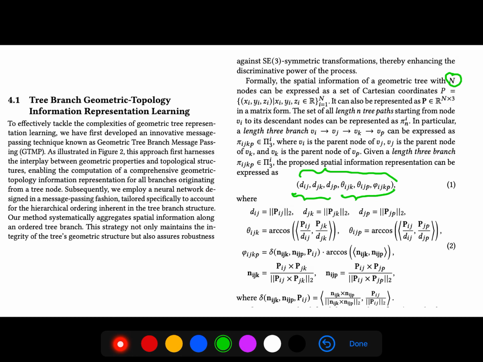So a length 3 branch, for example, we go from v sub i to v sub j to v sub k and then v sub p, and can be expressed as p_ijkp, where v_i is the parent node of v_j, v_j is the parent node of v_k, and v_k is the parent node of v_p. So you get that.